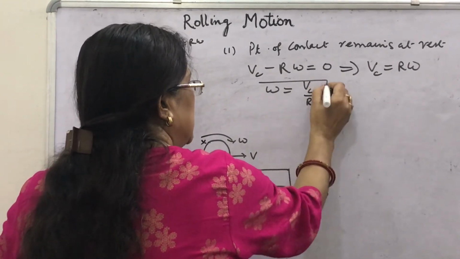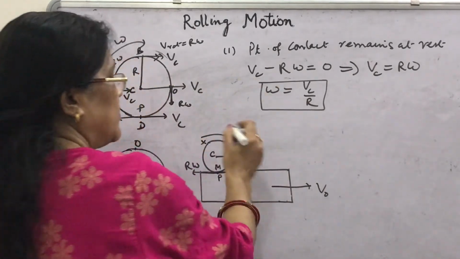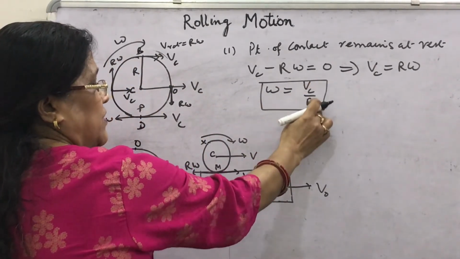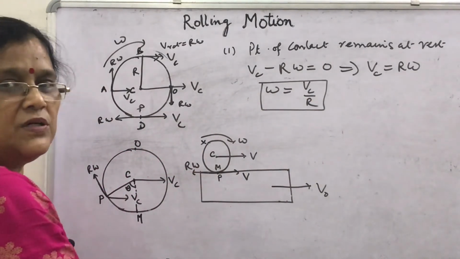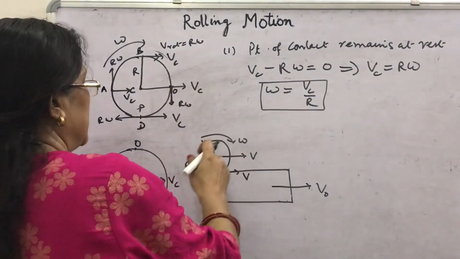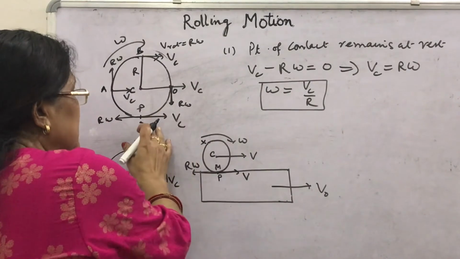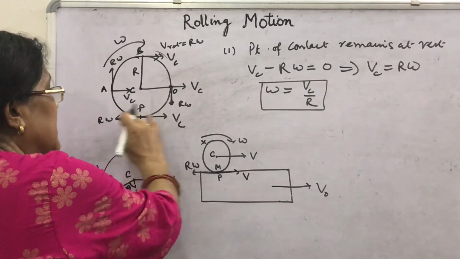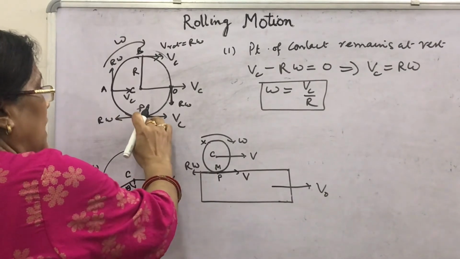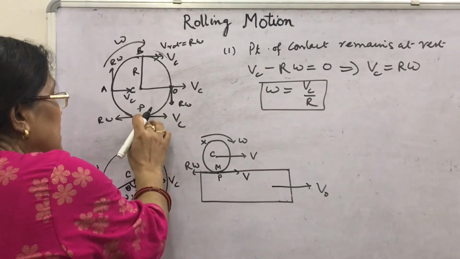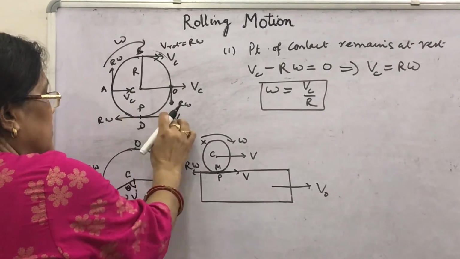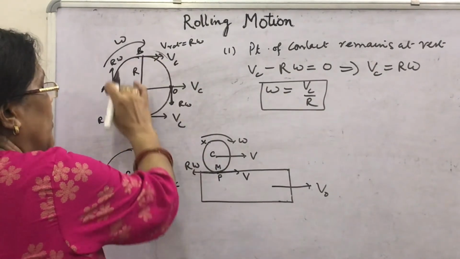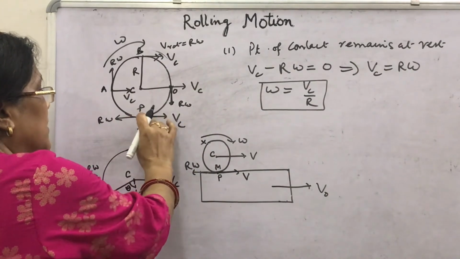So this is the condition for rolling, that omega is the ratio of the linear velocity and the radius of the rolling object. But this is true only when the rolling is taking place on a level road and the ground is not moving, the object is rolling on the ground.